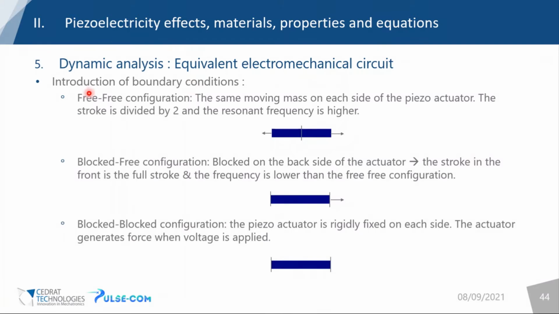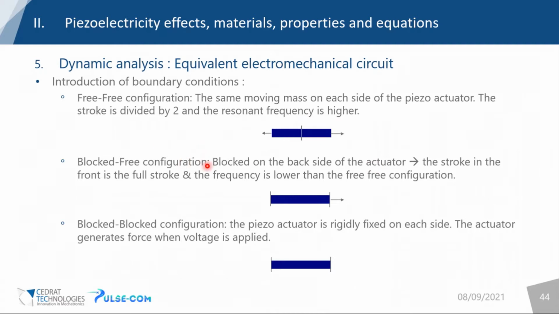We can also add the losses, so the dielectric losses, and the mechanical damping, which is the friction. Then we can also add the boundary conditions of your piezoelectric actuator. In a free configuration, your actuator would have a stroke divided by 2 if you look at the center of your actuator, but you would have a higher resonant frequency.